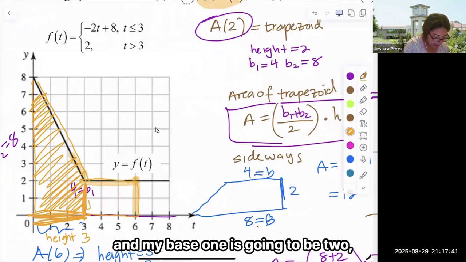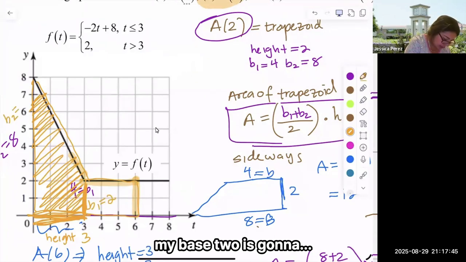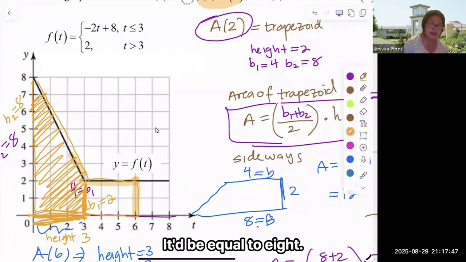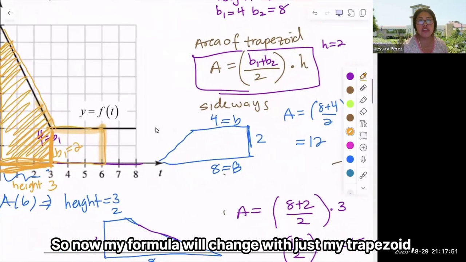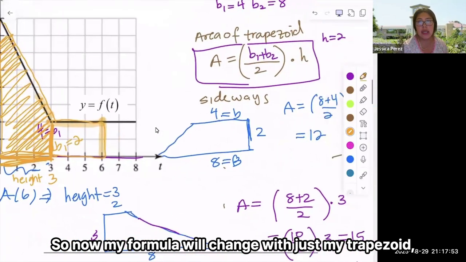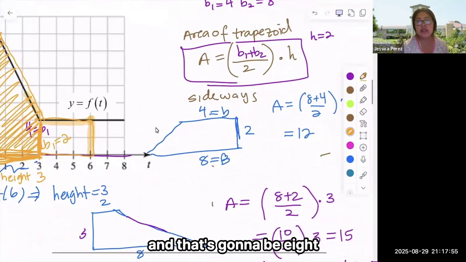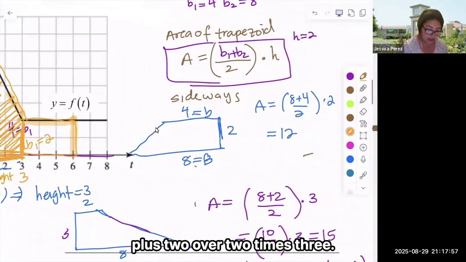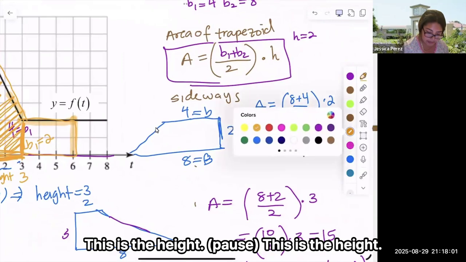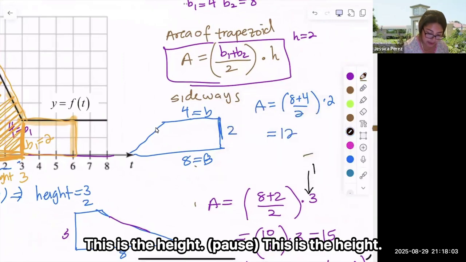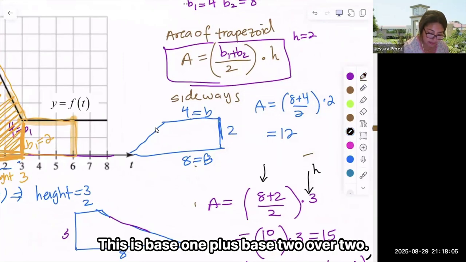My base 1 is going to be 2. My base 2 is going to be equal to 8. So now my formula will change with just my trapezoid. That's going to be 8 plus 2 over 2 times 3. This is the height. This is base 1 plus base 2 over 2.